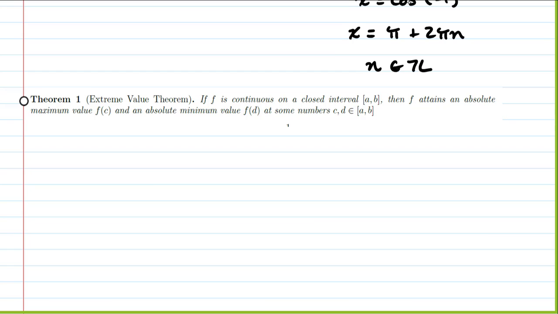The two things that have to be true: f has to be continuous, and it must be continuous on a closed interval. So if f is continuous on a closed interval, then f attains an absolute maximum value and an absolute minimum value for some numbers c and d in that closed interval.